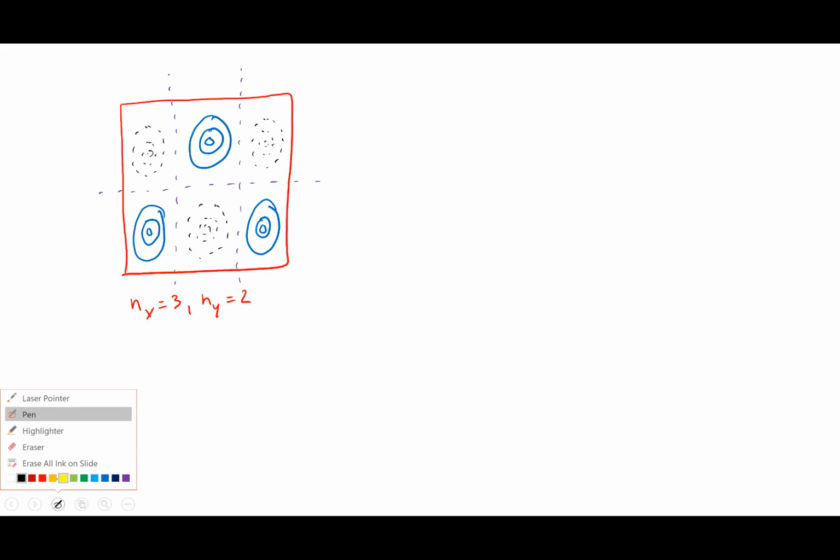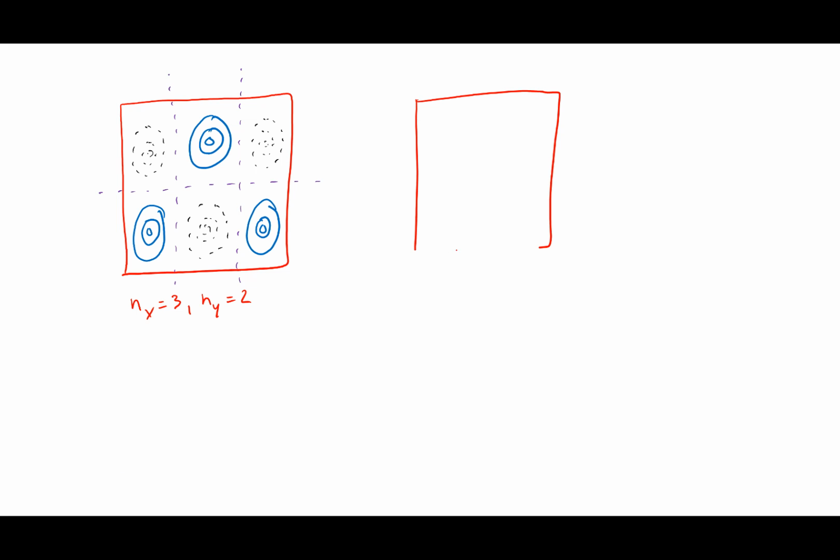And then we can draw the nx equals 2 and ny equals 3, the 2, 3. And so again, same thing. First things first, we're going to want to draw in our nodes. And so along the x-axis, there's just going to be 1 node because nx is equal to 2. And then along the y-axis, there's going to be 2 nodes because ny is equal to 3.